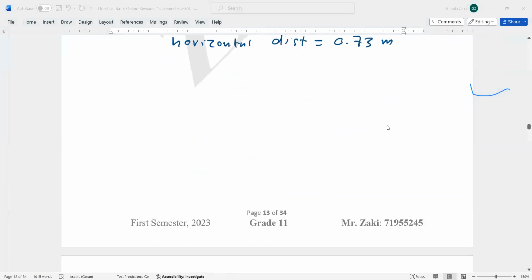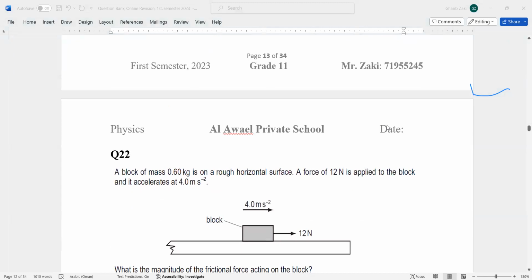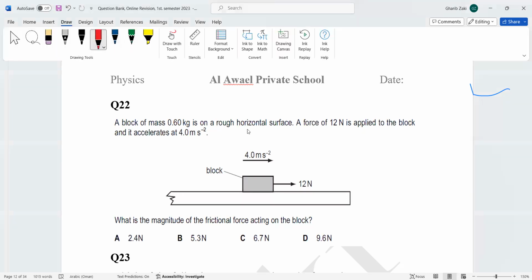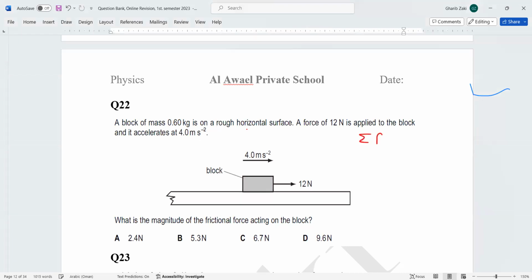Okay, now next question, question number 22. A block of mass 0.6 kilogram is on a rough horizontal surface. A force of 12 newtons is applied to the block and it accelerates. Which formula do we use here? Newton's second law: resultant force equals ma.